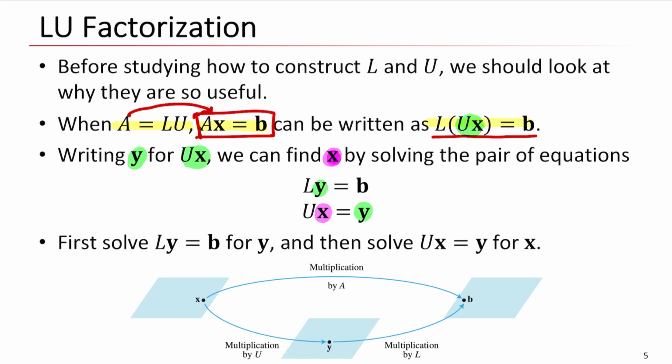So in other words, instead of solving Ax equals b directly, we can decompose this equation into two subproblems: Ly equals b and Ux equals y. Okay, so in other words, if you see this figure, rather than solving this.